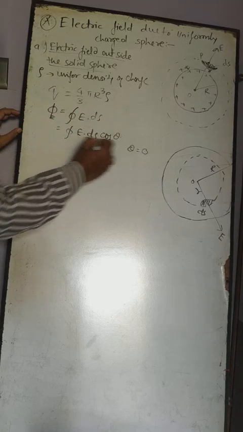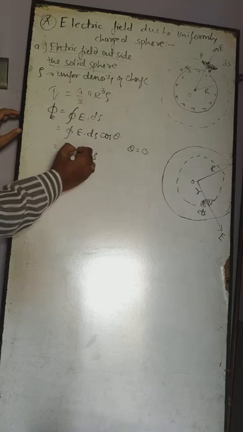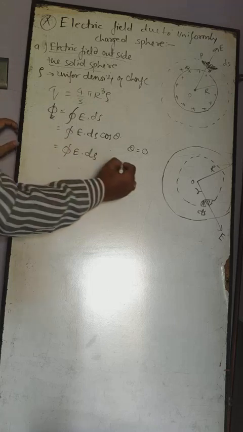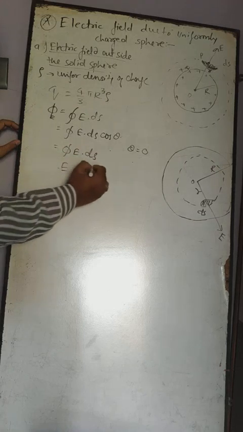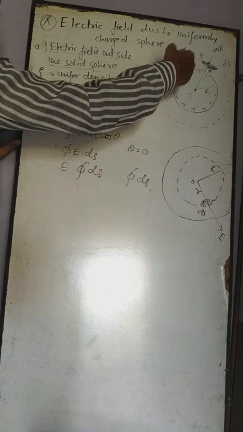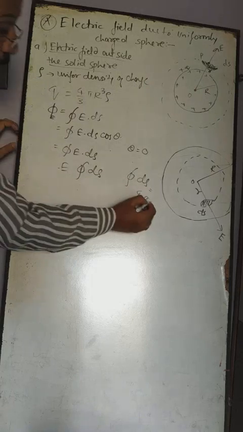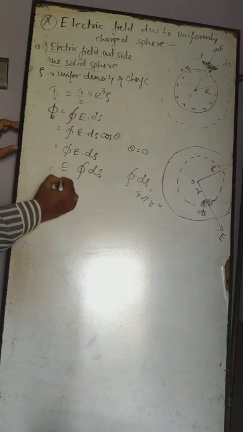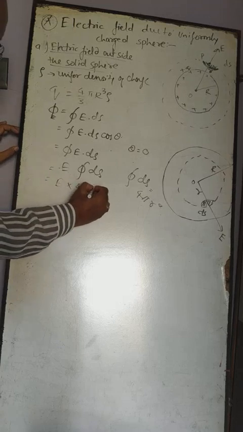Here theta is equal to 0, so cos 0 is 1, and the integral of ds over a closed surface equals the area of the sphere, 4 pi r square. Therefore this can be written as E into 4 pi r square.